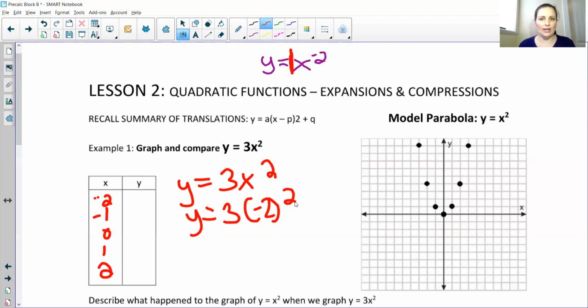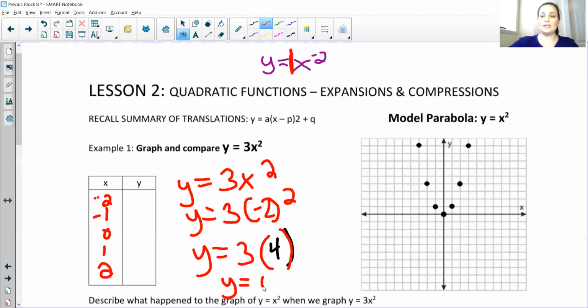There's nothing to do in the brackets. And then the next thing you do is exponent. So you have to do that (-2) squared first. This becomes y equals 3 times 4, since (-2) squared is +4. And then you do your multiplying. 3 times 4 is 12. So when x is -2, y is 12.